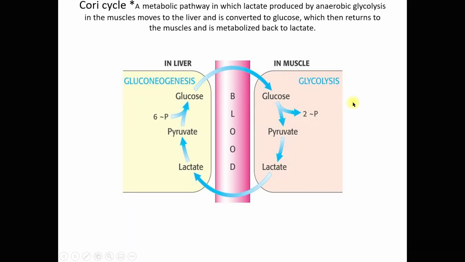Now the Cori cycle is a metabolic pathway in which lactate produced by anaerobic glycolysis in the muscles moves to the liver, as you can see in this diagram here.